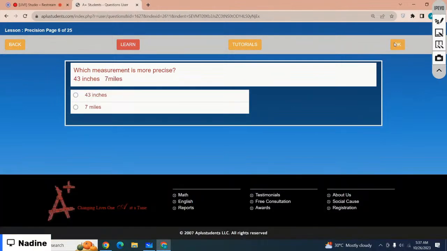Which measurement is more precise, 43 inches or 7 miles? Which is the correct option?